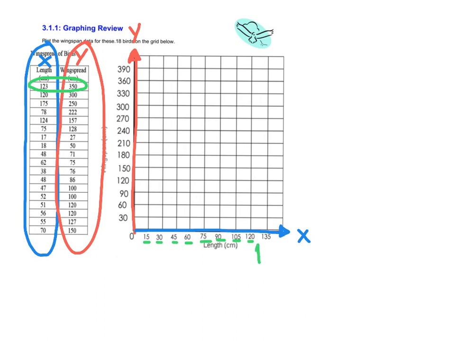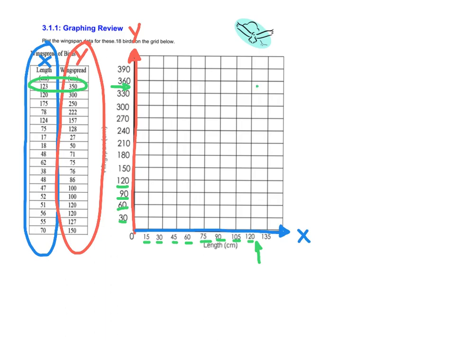It's somewhere right there, closer to the 120, obviously. And notice that your y values are going up by increments of 30, so 350 for y is going to be somewhere in here. So 123 for x and 350 for y. I'm going to have to ballpark this, and I'm going to say it will probably be somewhere around there.